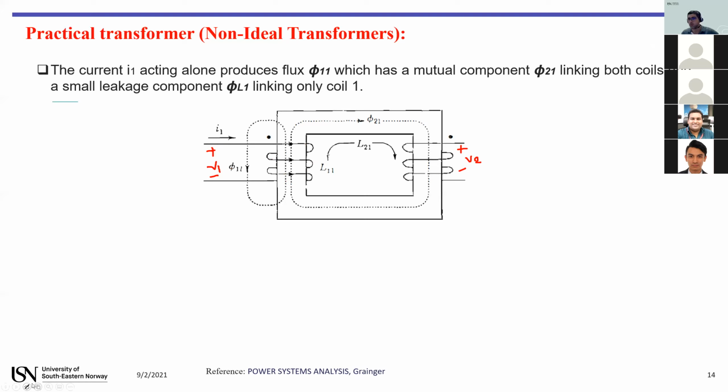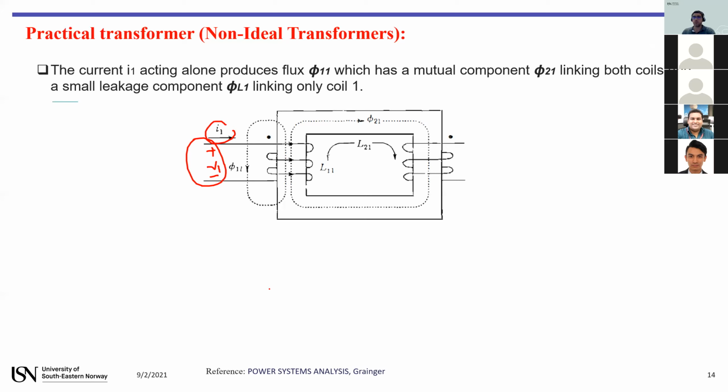So suppose that we don't have this one. We have just one voltage source here, and we have current that circulates in this winding that creates flux in the iron core.